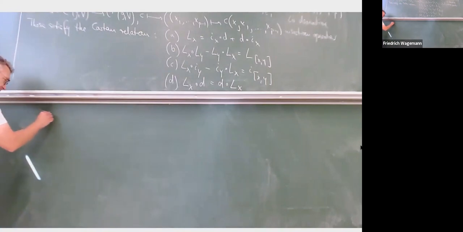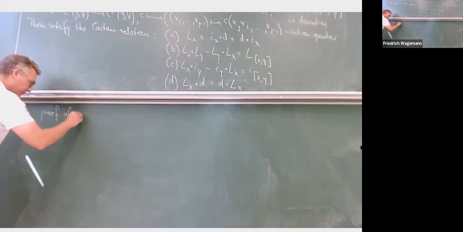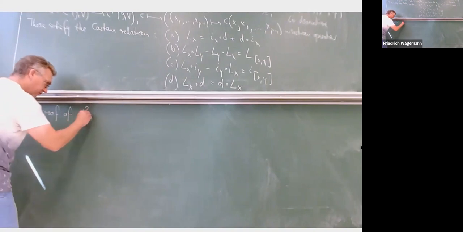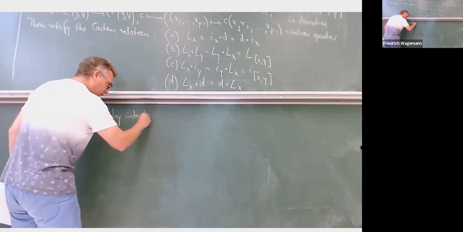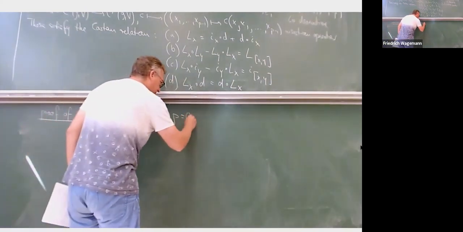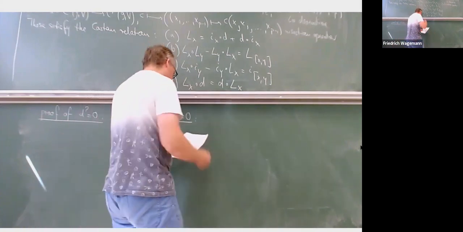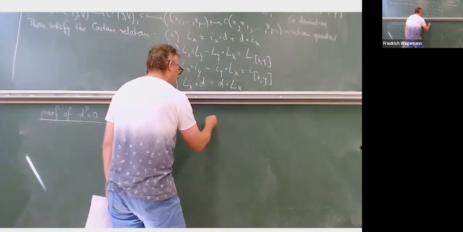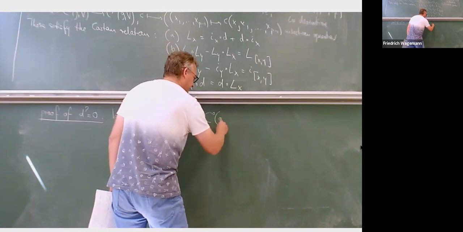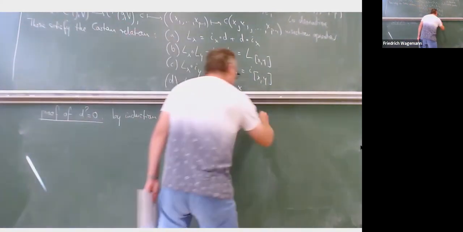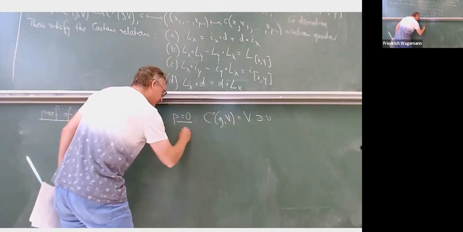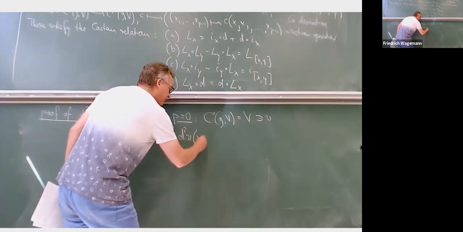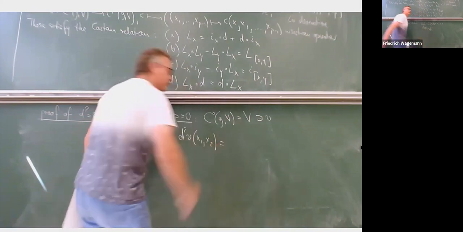So, proof of d squared equal to 0 by induction. For p equal to 0, this is kind of clear. What is a zero cochain? The zero cochains are just the elements of V. So take a zero cochain, let's say small v, and what is d squared of v? d squared of v is the 2-cochain.